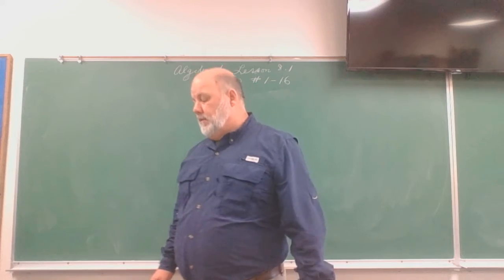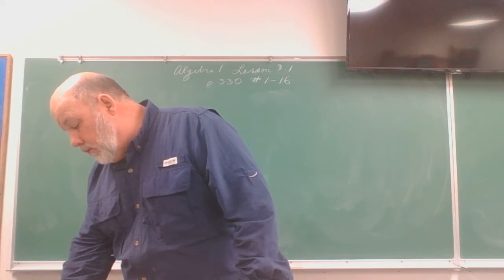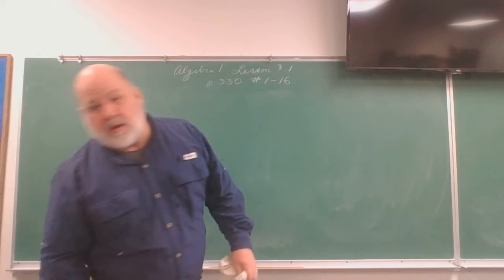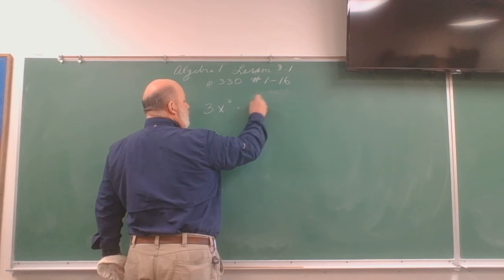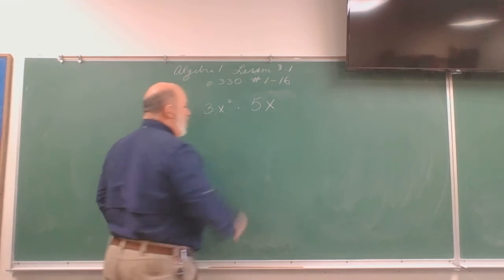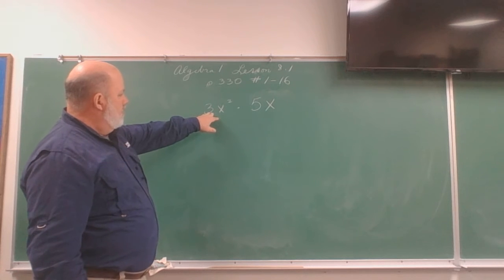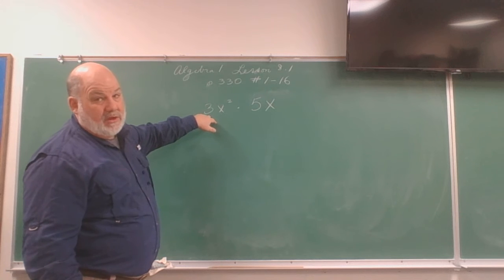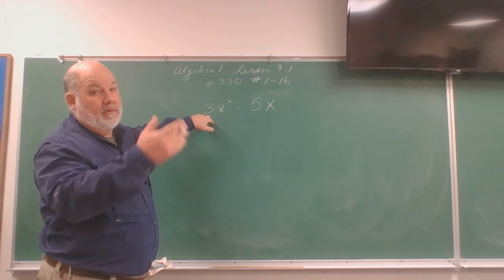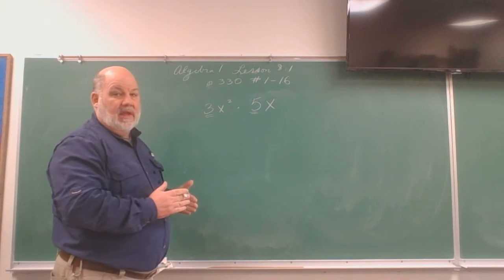Technically 3 examples. I'm going to example 2, the bottom of page 328. It says 3x squared times 5x. When you do these, and you have these whole numbers, or any type of number, coefficients, numbers in front of the variable, in front of the x, these whole number parts get multiplied together.